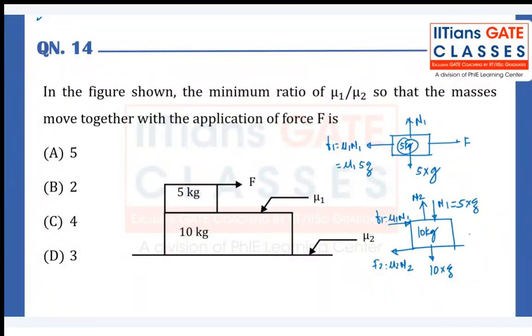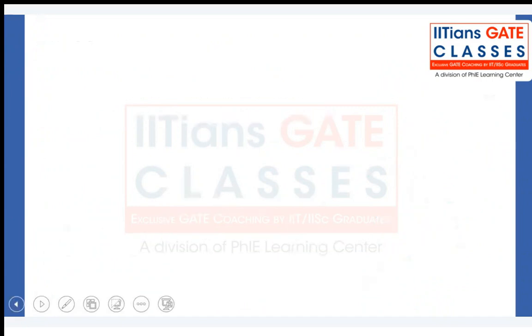So from this figure number 2, we can say that in order to move both the blocks together, F1 has to be equal to F2. So we should first find out F2.